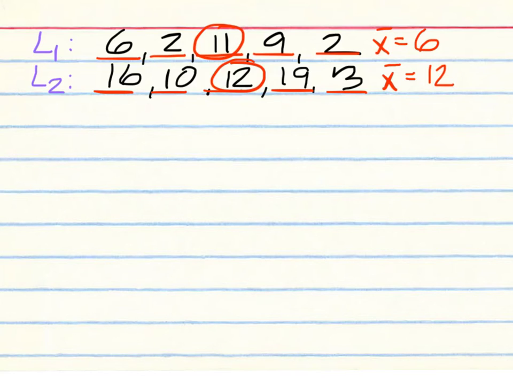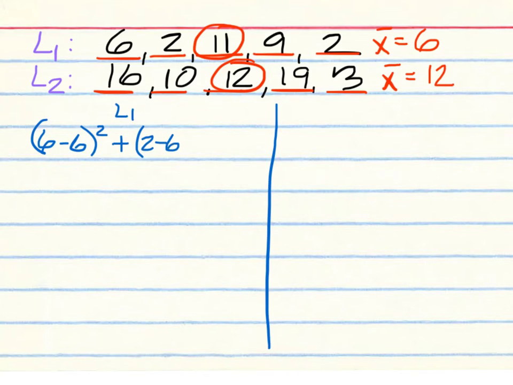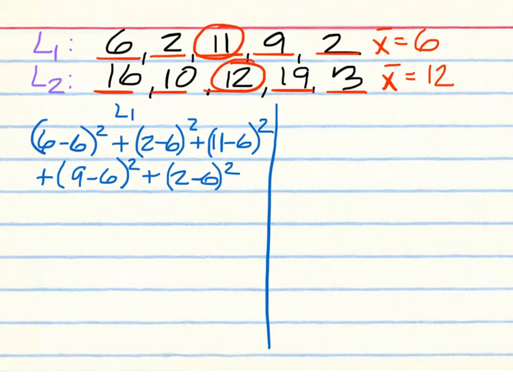Now we have to go back and find the standard deviation for list 1. I'll try to do this within two sides here. We'll put list 1 on this side. You'll have 6 minus 6, and then 2 minus 6, 11 minus 6, and then 9 minus 6, and 2 minus 6, each squared. All of that divided by 5, and you need the square root.